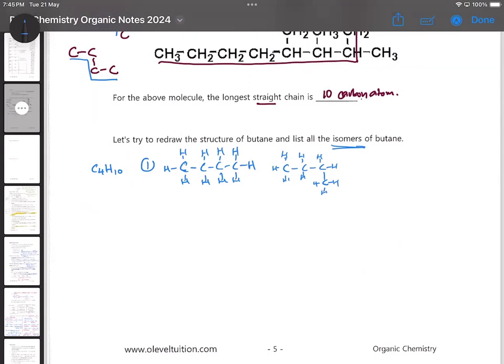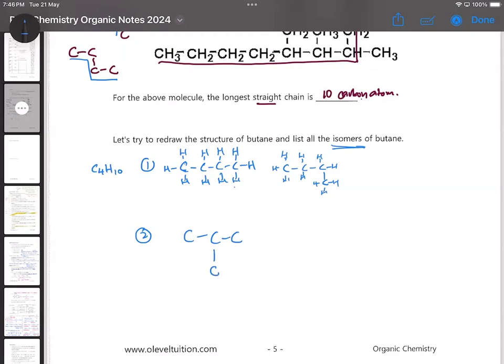So how do we normally do it? What I would normally do is try to shorten the longest straight chain, or essentially just detach one of the carbon. The last carbon I detach and put in the middle.